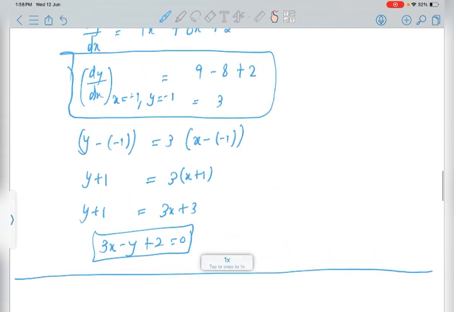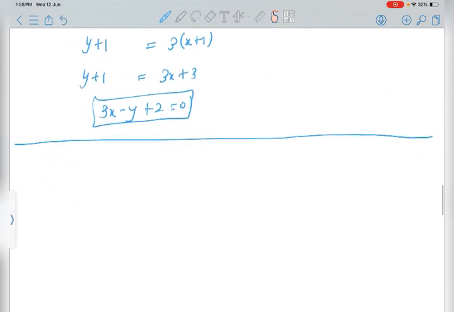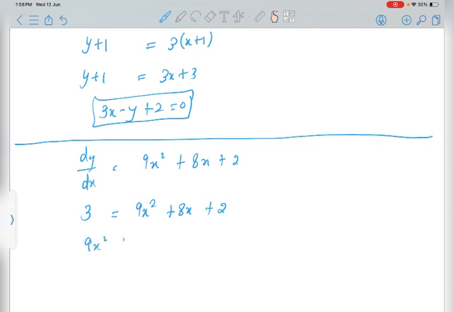तो वी हैव dy by dx एज 9x² प्लस 8x प्लस 2, एंड वी हैव द स्लोप इज 3. मतलब हमें इस जिस टेंजेंट का स्लोप 3 है उसके पैरेलल टेंजेंट फाइंड करने किस कोऑर्डिनेट से जाएंगे. सो 9x² प्लस 8x प्लस 2 equals 3, make the quadratic equation. 9x² plus 8x minus 1 equals 0. 9x² plus 9x minus x minus 1 equals 0.